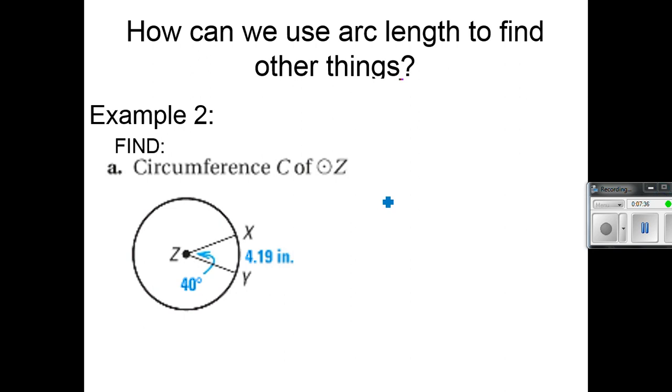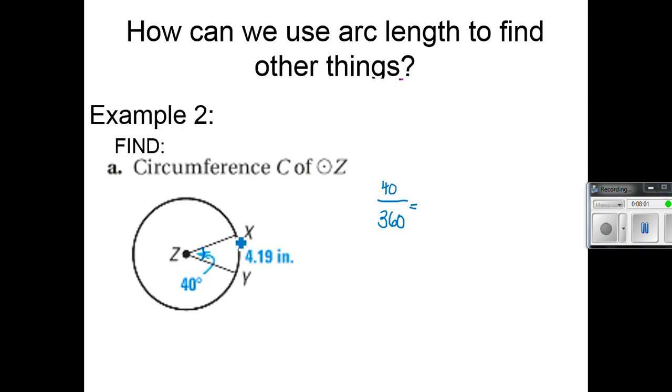We know that formula. I'm not going to write that formula down again. So I know it's the degree. Okay, so 40 is the piece, or part of the degree, over the total degree, which is 360.